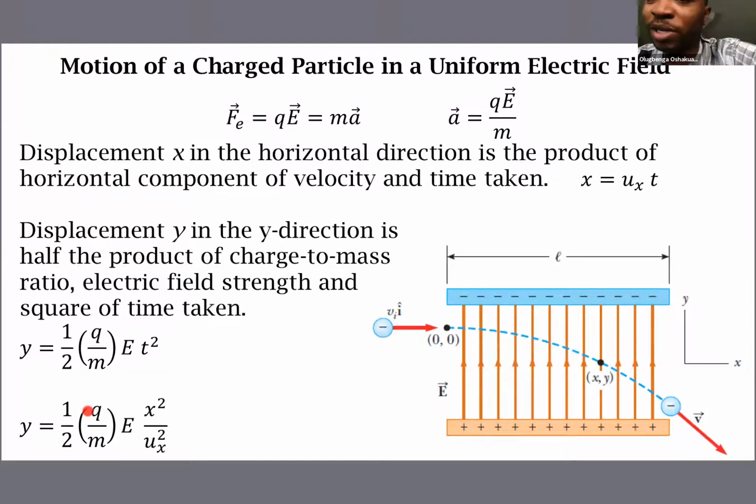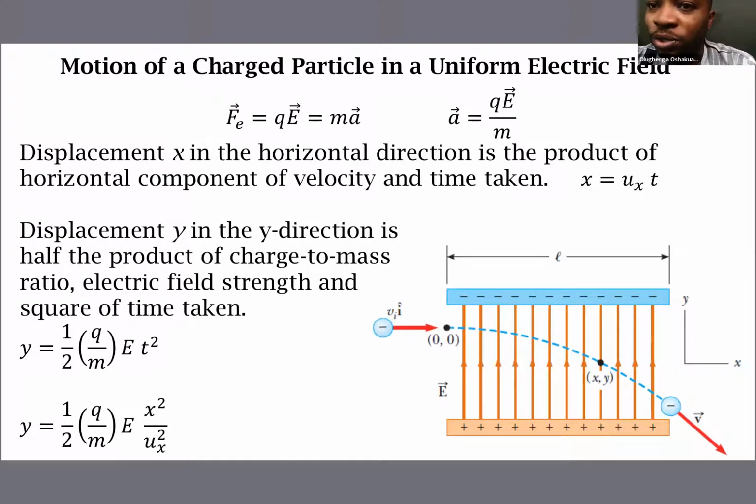So at a particular time, you can measure the distance y from its initial position, because before it was coming straight, but when it got here, it began to bend downwards. Let's use the color blue.